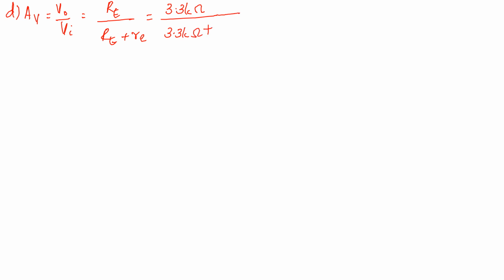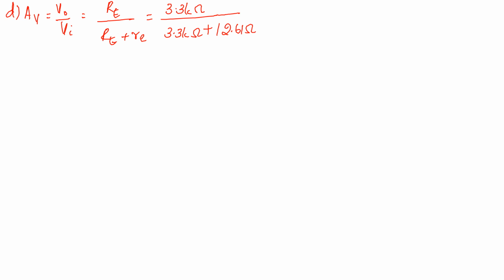Now moving on to the D part. D part, you have to find out what is your voltage gain. Voltage gain is equal to V naught divided by Vi, which is equal to capital RE divided by capital RE plus small re. So you will be getting, what is your capital RE? 3.3 kilo ohm divided by 3.3 kilo ohm plus small re is equal to 12.61 ohm.